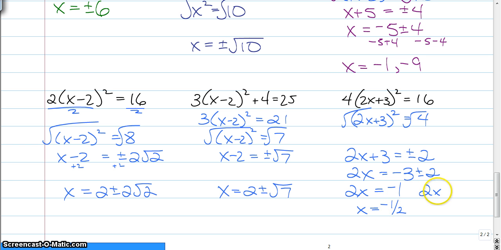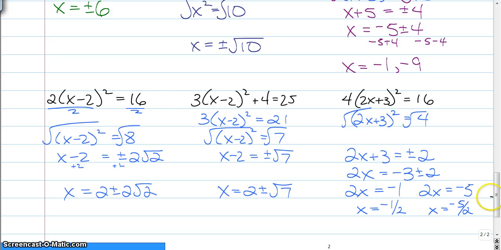But you also have 2x is equal to negative 3 minus 2, which is a negative 5. Divide both sides by 2, and you get x equals negative 5/2. Remember, plus or minus an integer to another integer, you must do both. So negative 3 plus 2 is a negative 1, and negative 3 minus 2 is a negative 5. And you divide both by 2, you get your final answers.